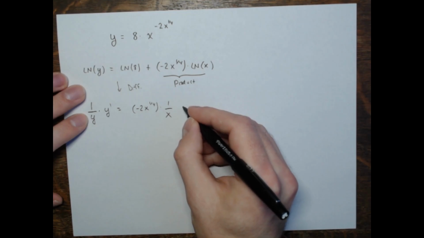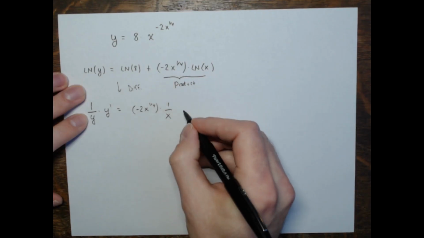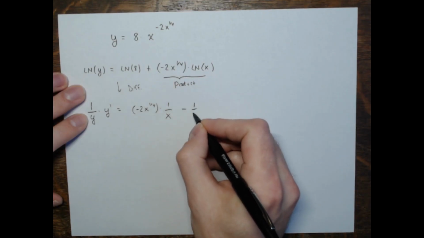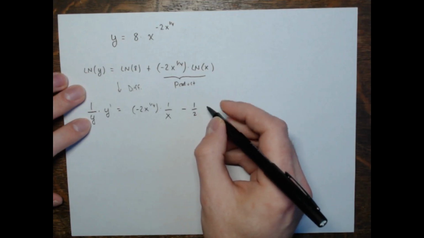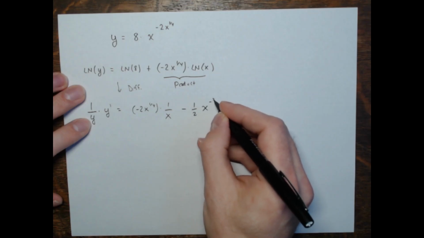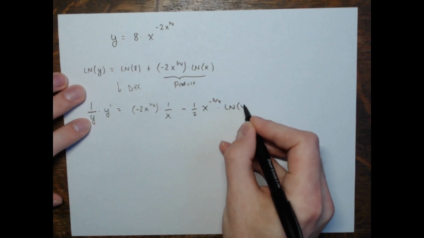And then take the derivative of the second term, so it'd be minus a half. So plus, negative half, minus a half, x to the negative 3/4, right, 1/4 minus 1, and then times the natural log of x.